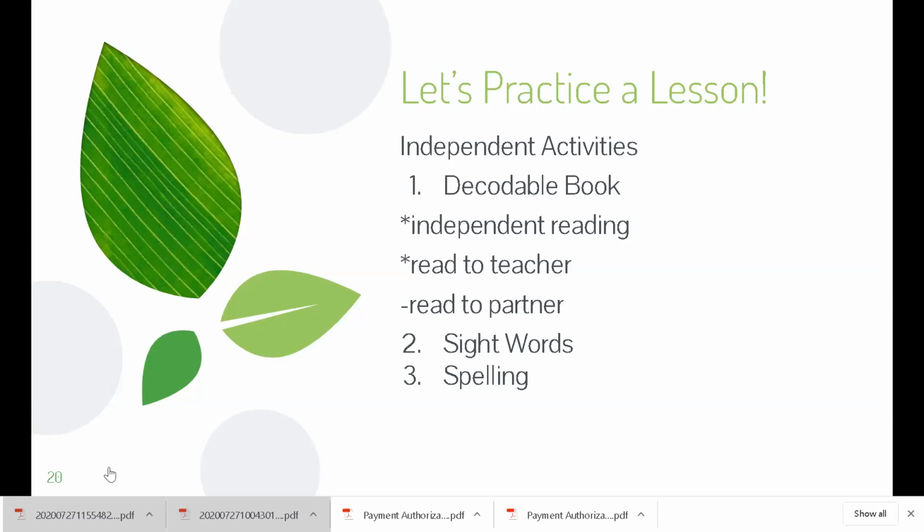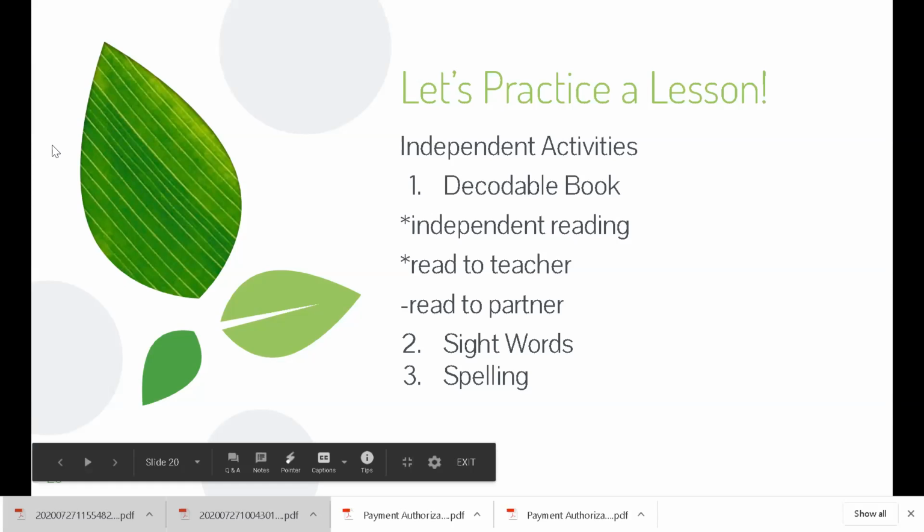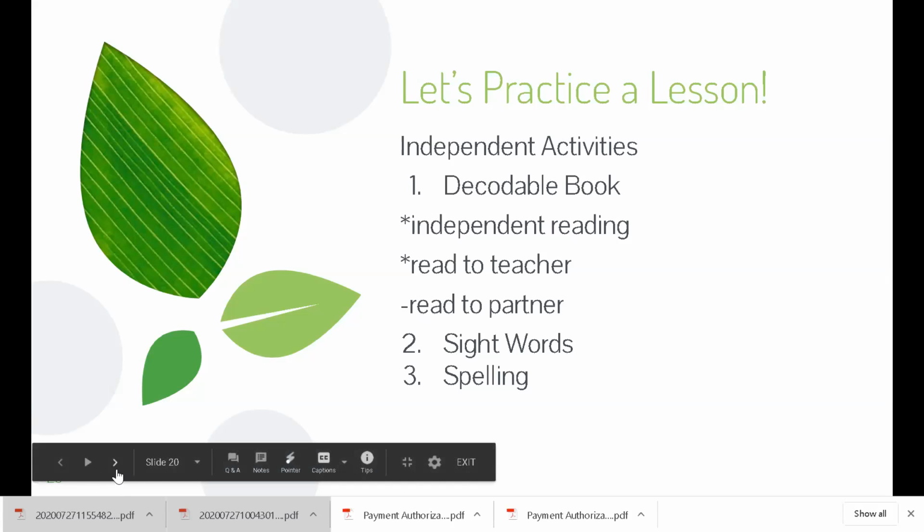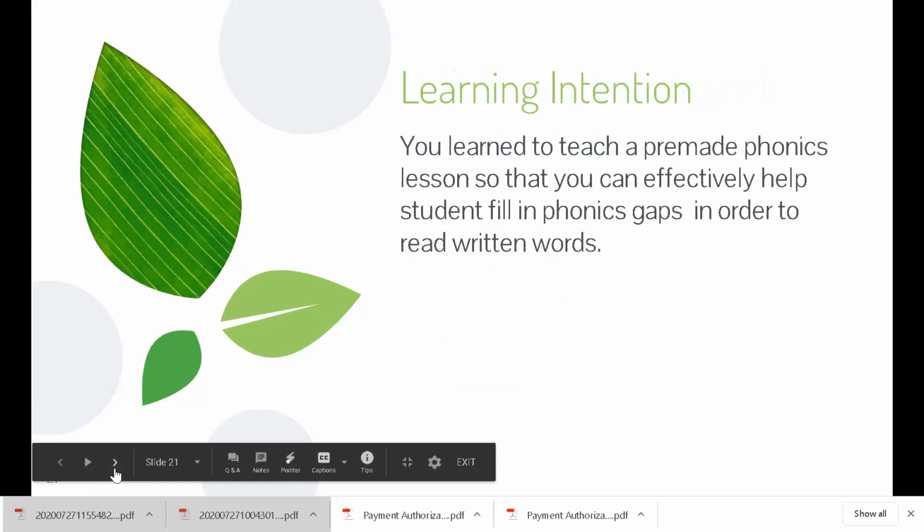You can put the other 3 in the waiting room, read with those 2 in the main room. Bye guys, you can head out, and then pull the other 3 in. Just remember, you always want to be in the main session, so you're always recording everything, and follow that rule of 3: 2 students and a teacher, or 2 adults and a student. So you always have the rule of 3. Sight words, and then spelling practice.